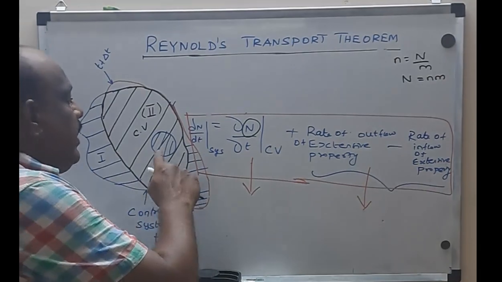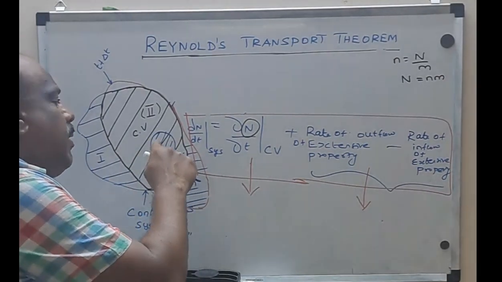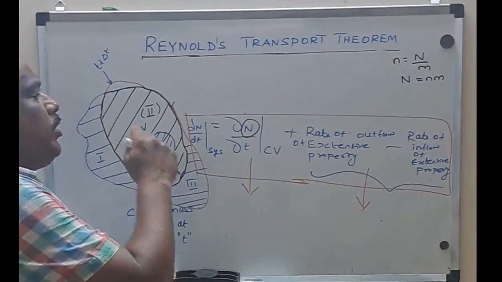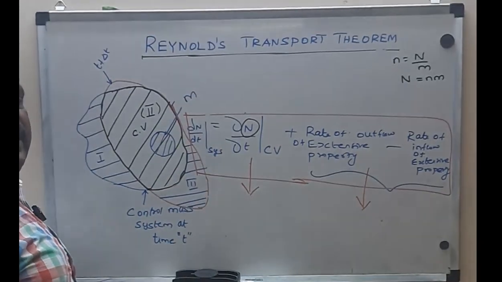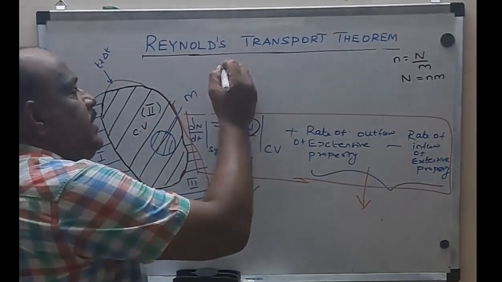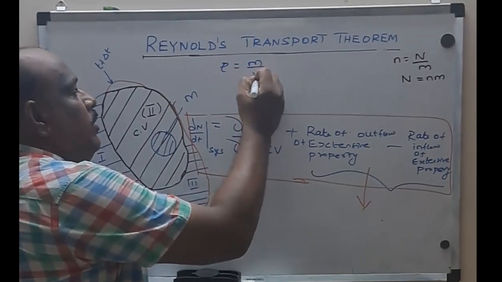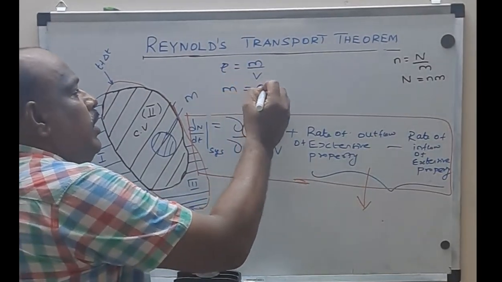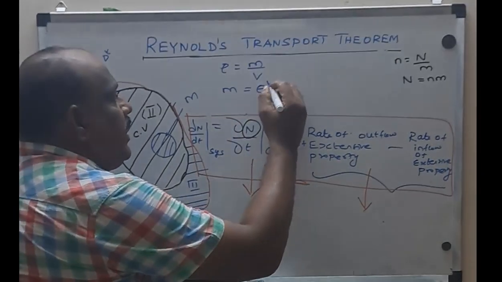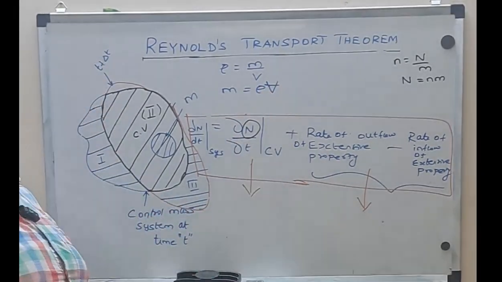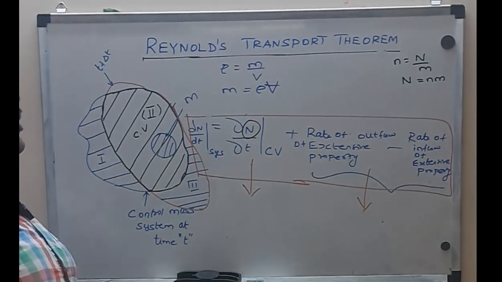Now, what is the mass of this elemental control volume? I want to know the mass of this elemental control volume. What is the formula for density? Density equal to mass by volume. So mass will be equal to density into volume. Here we will indicate the volume like this, to differentiate.